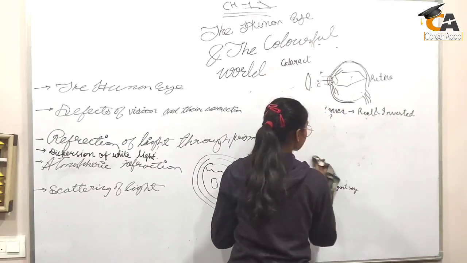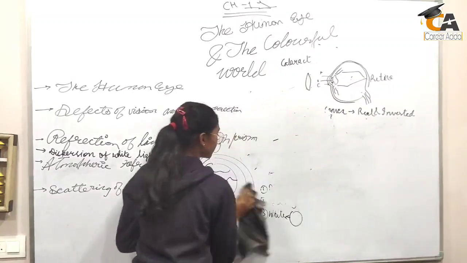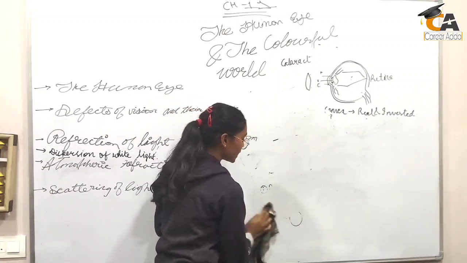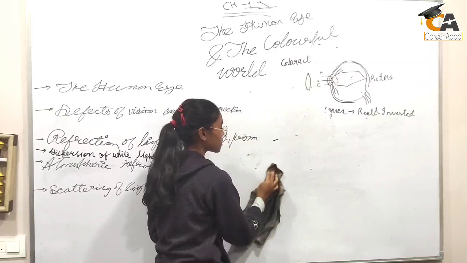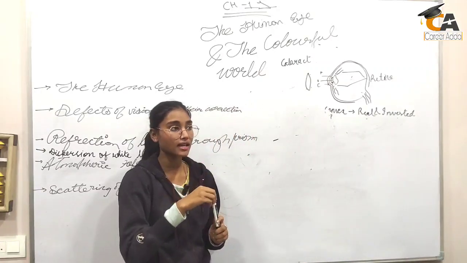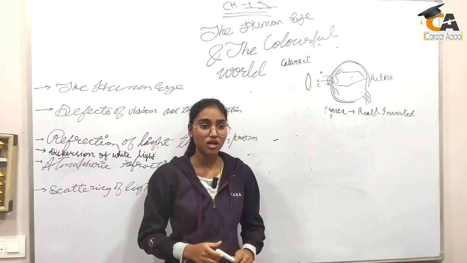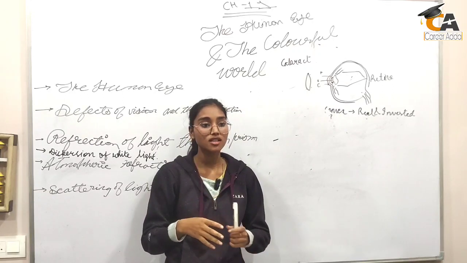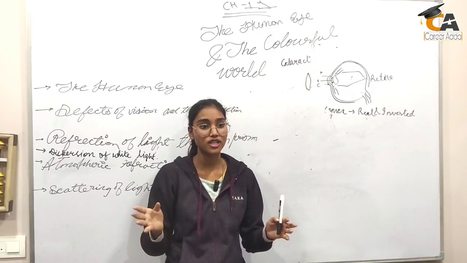I have one question. Yes, what, sir? What is the Tyndall effect? The Tyndall effect is when light passes through a colloidal solution. What is a colloidal solution? A colloidal solution is a heterogeneous mixture in which the solvent and solute do not get mixed.